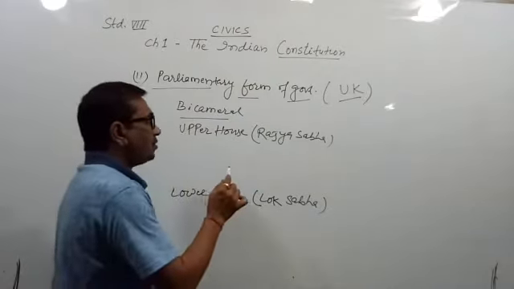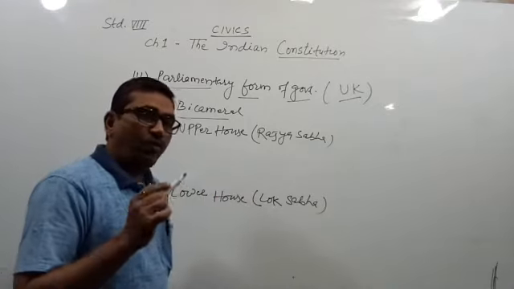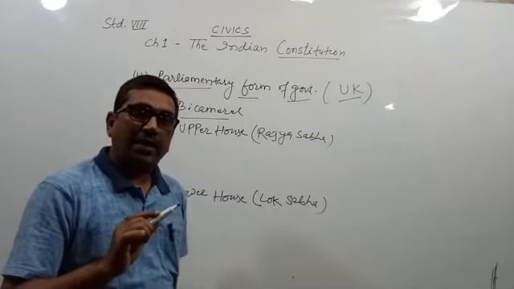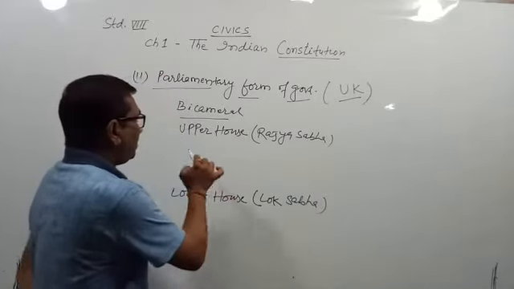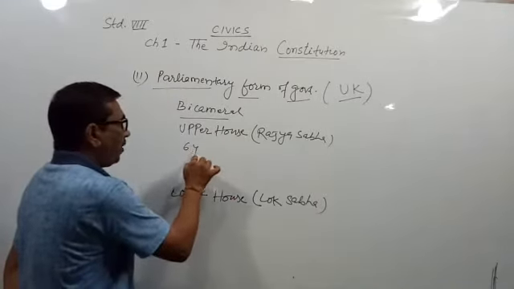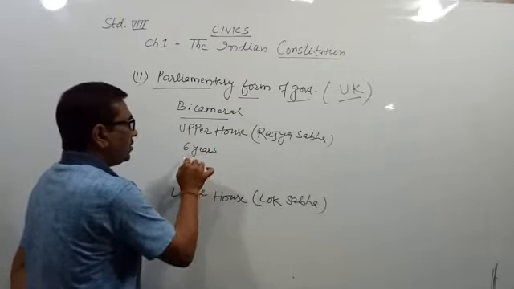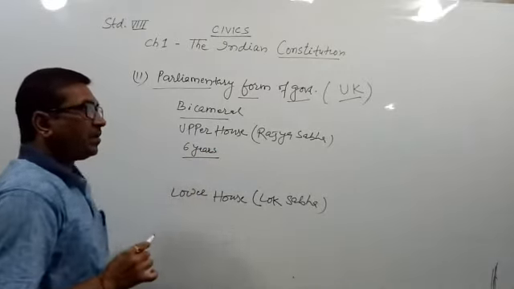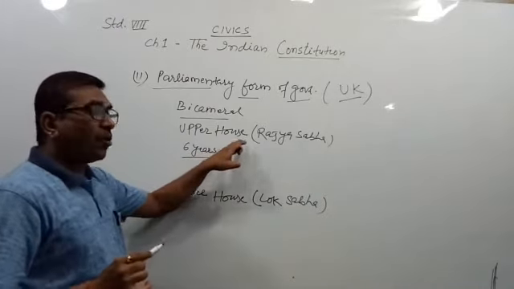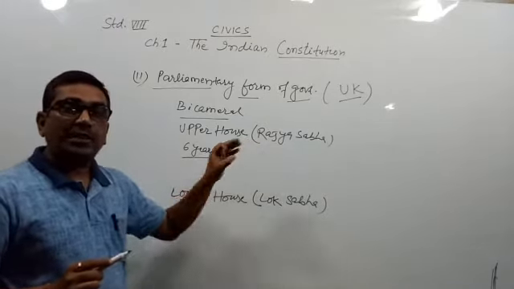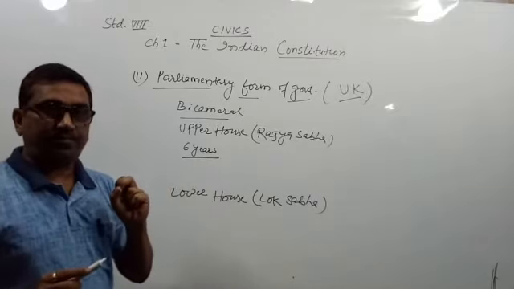The members of the upper house are elected for a term of 6 years. The second thing is that the upper house is a permanent house. It does not get dissolved.